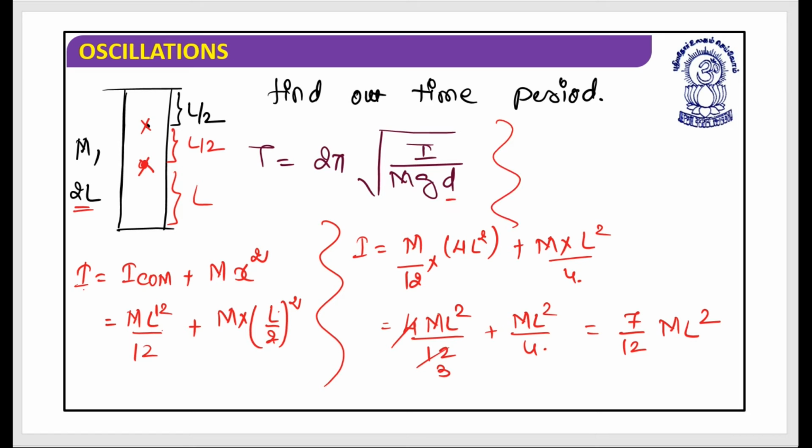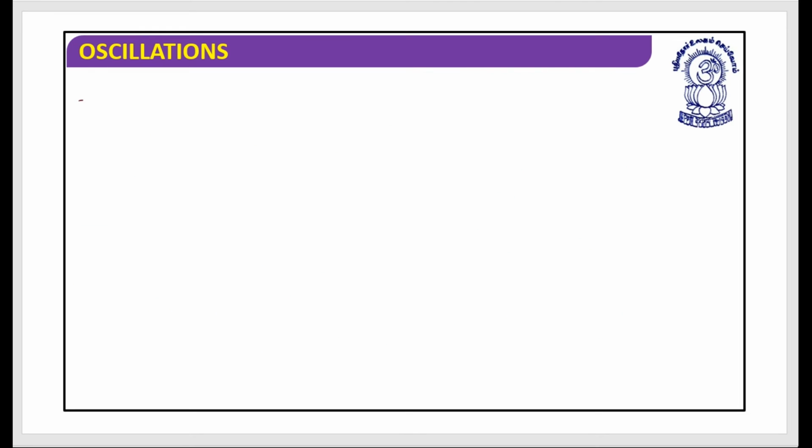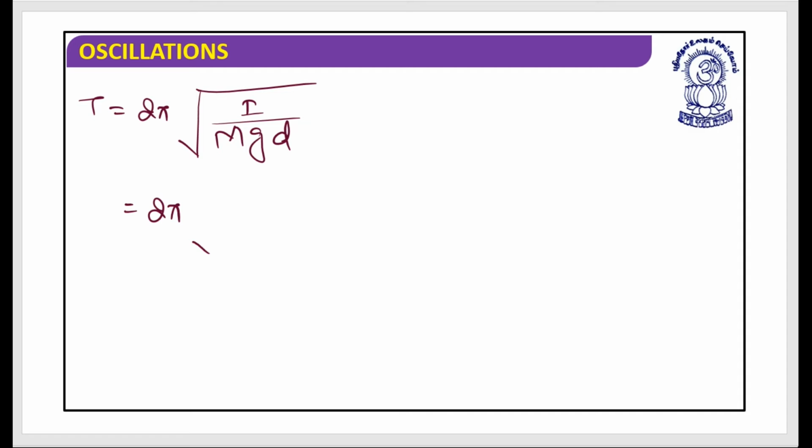Let's find out the d as well, so that we can put it into the formula. d would be equal to L by 2. So let's find out the time period. T could be given as 2 pi root of I divided by mgd. Then this is 2 pi root of 7 by 12 into ml square divided by m into g into d, and this d is L by 2.